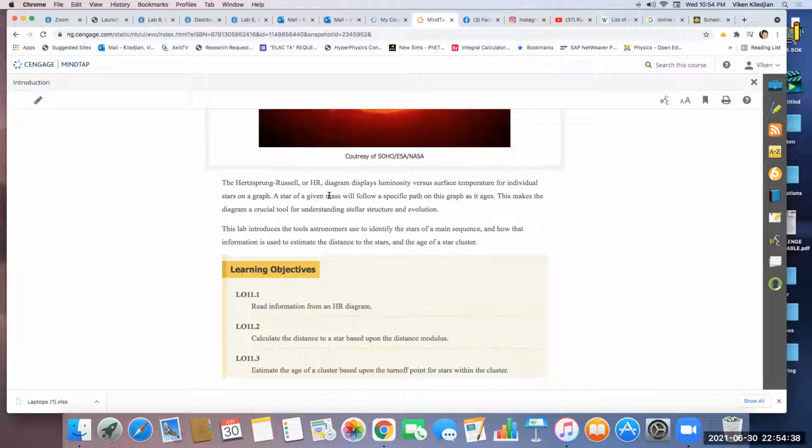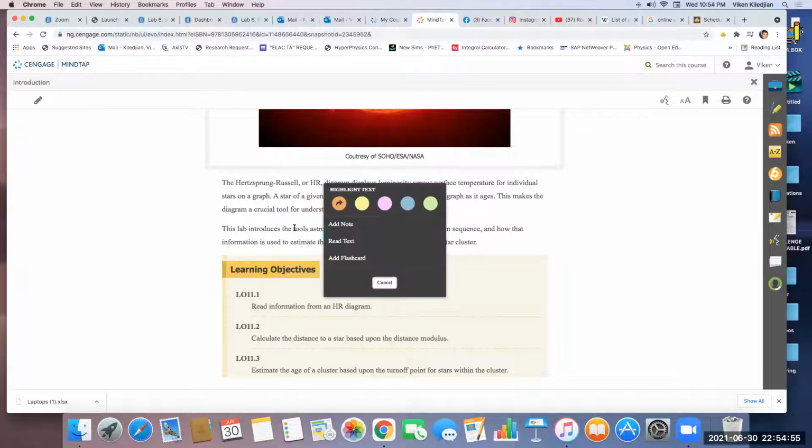When stars are still alive and living on this main sequence, they are what's known as main sequence stars. This makes the diagram a crucial tool for understanding stellar structure and evolution.